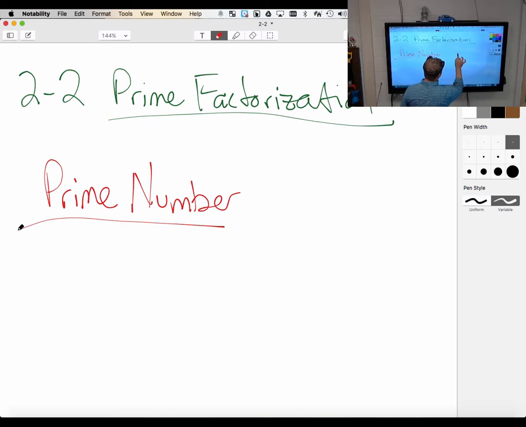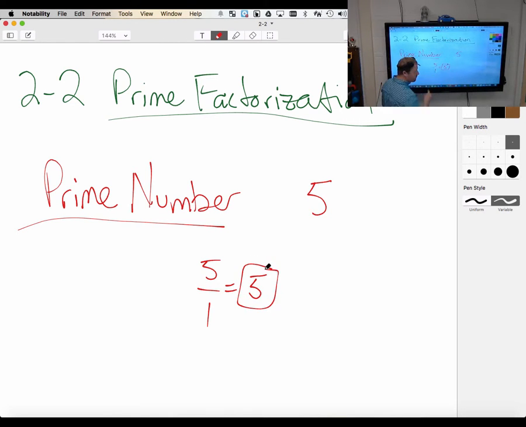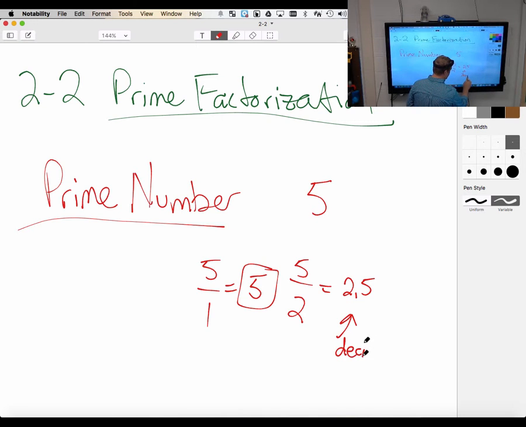Okay, all right, so let's take 5 for example. If we were to divide 5 by 1, we get a whole number, 5. But if we divide 5 by 2, we get 2.5. That's a decimal. It doesn't give us a whole number answer. If you divide 5 by 3, you will get something like 1.6-ish.